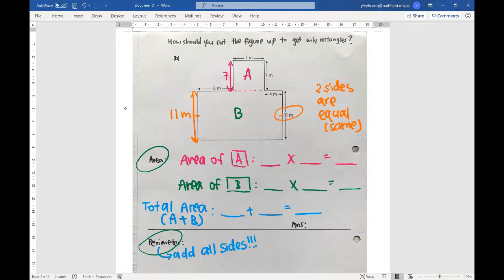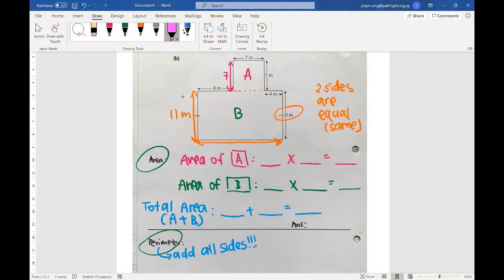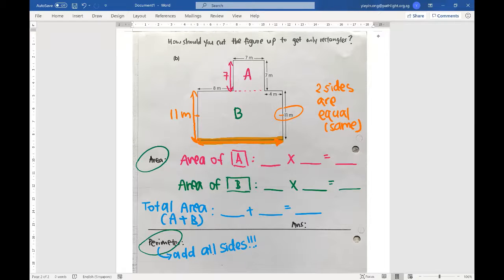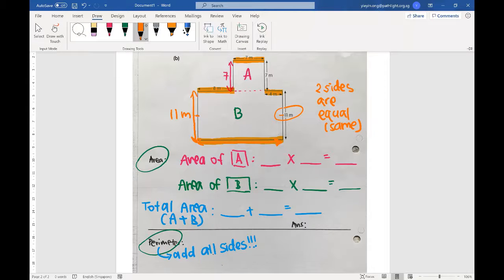Then next, we have this unknown part at the bottom. For this unknown part at the bottom, you have to look upwards and you can see that this unknown part comprises the 8 meter part, the 7 meters part, and the 4 meters part. So I'm going to add them up.